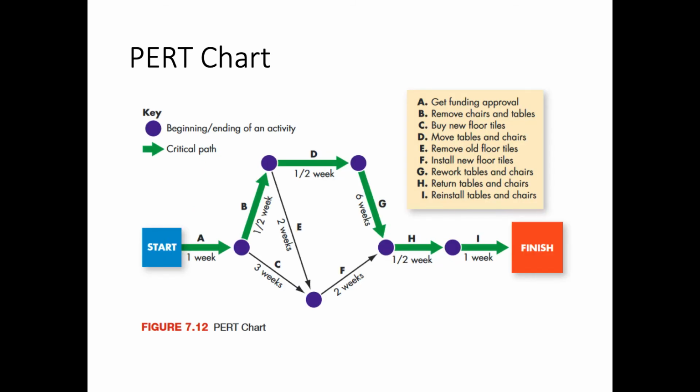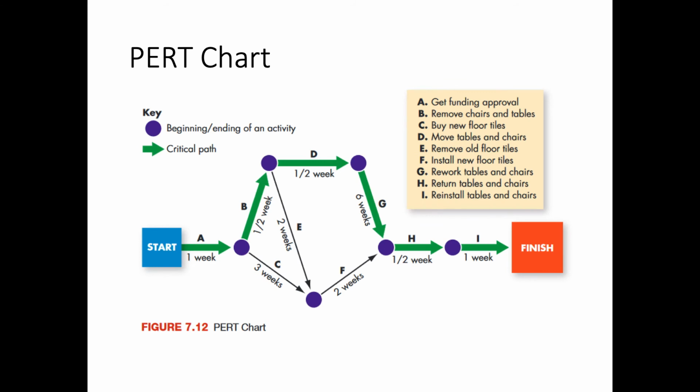Now that's also similar to this next chart, the PERT chart. This is figure 7.12 from the textbook, and you see here the same project, but now what we see here are items on the critical path. You must complete step A before you can get to B, before you can complete D. You see in green, the bold green arrow is the critical path.